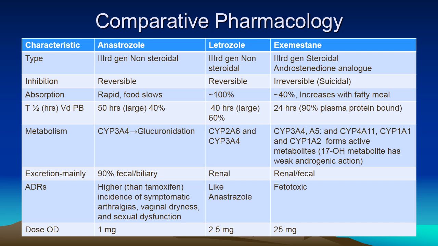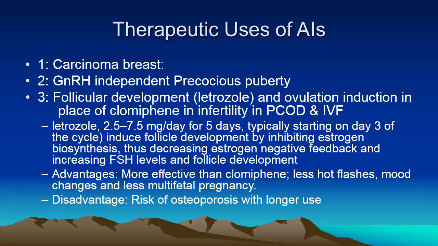Adverse reactions are more or less common among these three drugs, and there are symptomatic arthralgia, vaginal dryness, sexual dysfunction, and maybe fetotoxicity. Exemestane has particularly been found to be fetotoxic. Anastrozole and letrozole, dose to dose, are more potent.